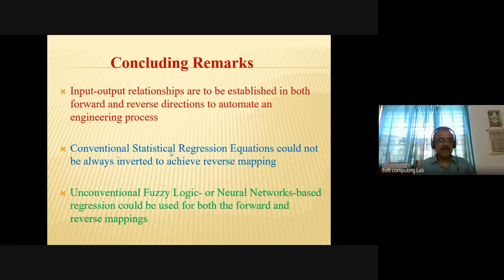But if you use fuzzy logic based or neural network based analysis, you can carry out both the forward as well as the reverse mapping, and you will be able to establish the input-output relationship in both directions.